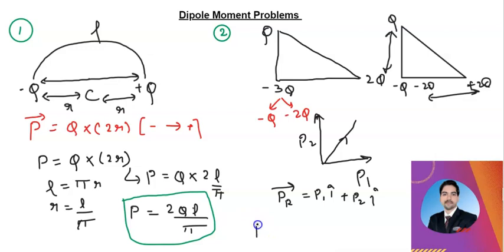So P1 we can easily calculate. What is P1? This is L, the distance given to you. I didn't mention it, but you can note it down. P1 is equal to how much? Q into L. P2 is equal to how much?